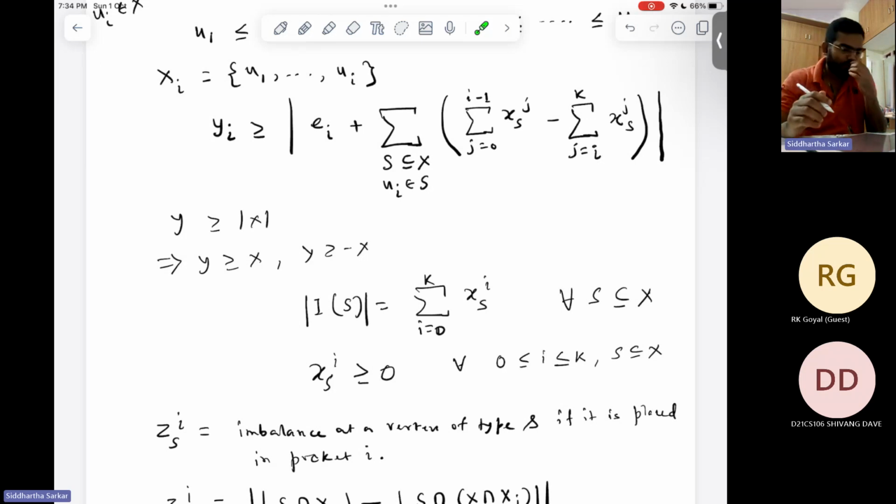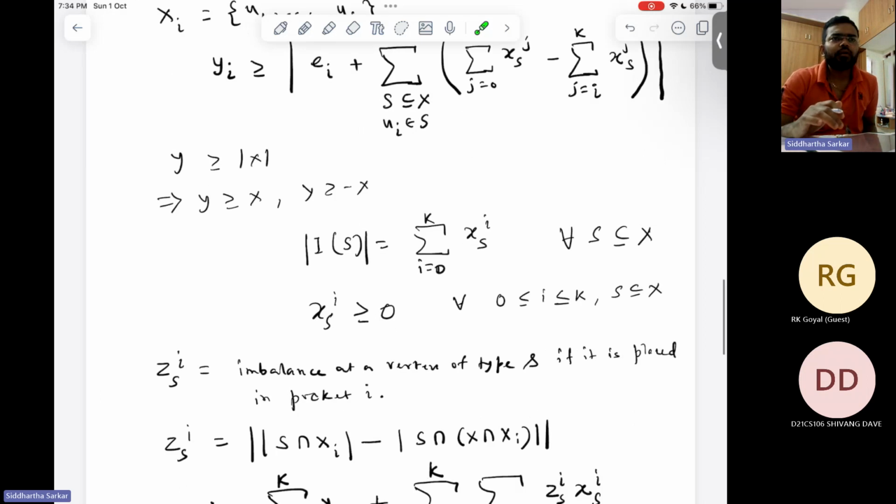So when you are typing, let me just complete this argument that we have formulated the ILP. Okay, so you're saying you don't have any doubts on the formulation, but if I could take one example in the next session, it would be really helpful. Okay, fine, we can do that.